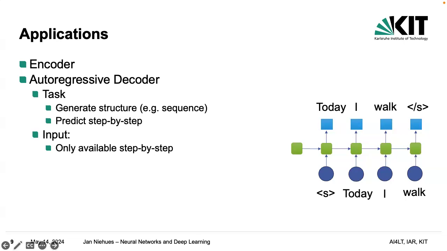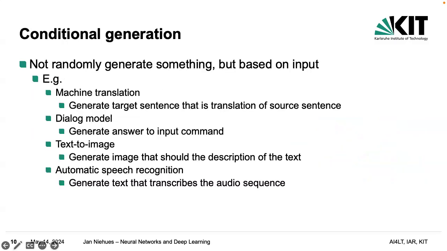Now, there's one thing with this. A decoder by itself is not that useful, because it just generates some random sentence. Normally, you don't want to just generate something, but you want to tell the model to generate something based on this information. That can be, for example, machine translation: generate a target sequence, but not any sentence in the target language, but one which has the same meaning as the source sequence.